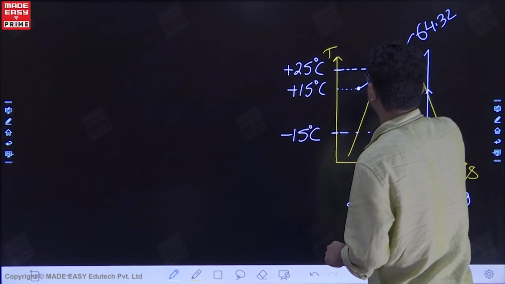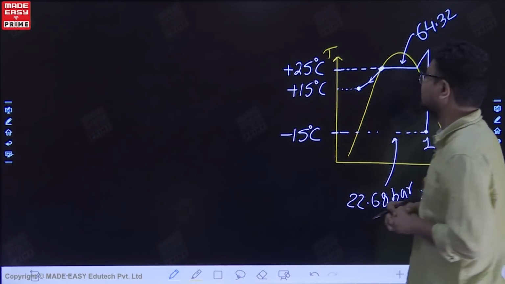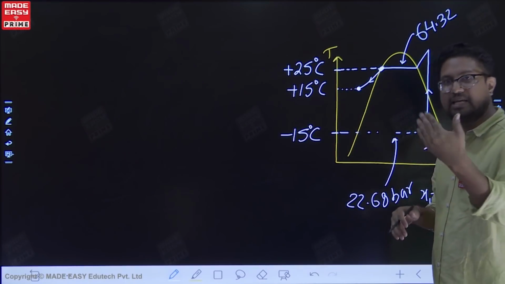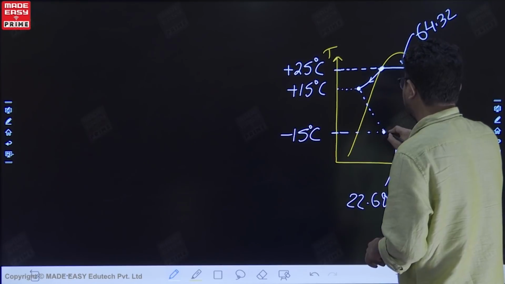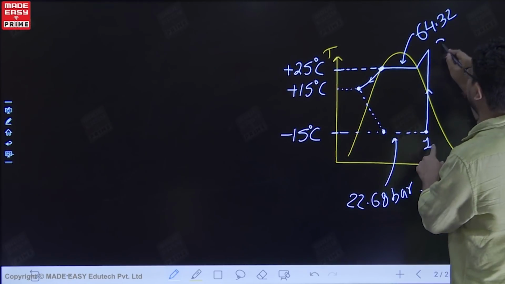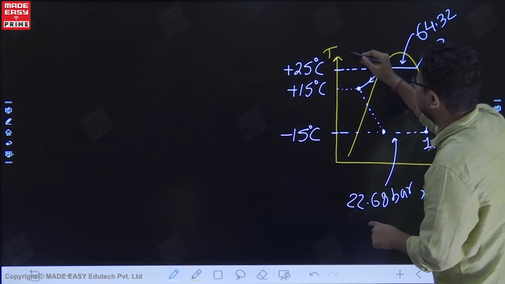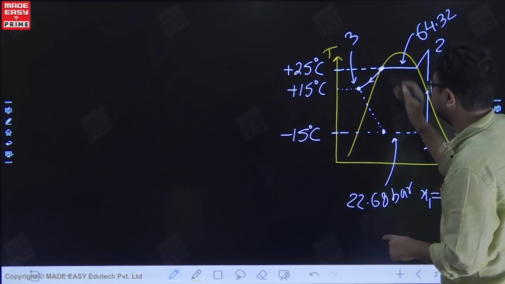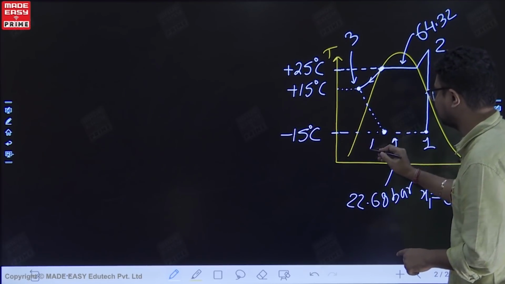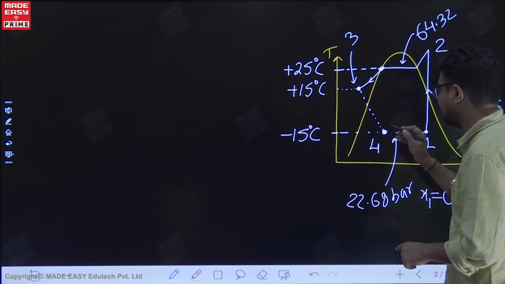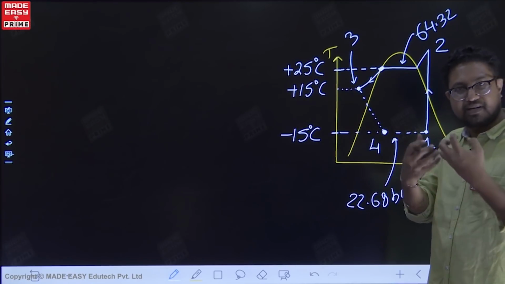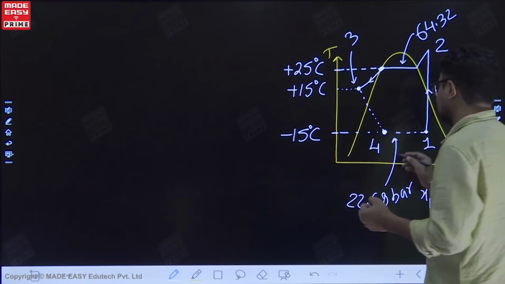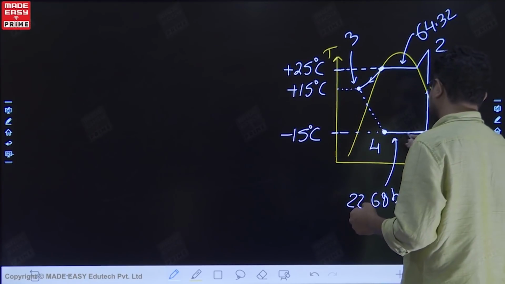So there is subcooling also. Then it will get throttled. Suppose this is 1, this is 2, and this is, let us say, 3. So this point will become 4. It will enter the space from wherever heat has to be absorbed. So this is 4 to 1.